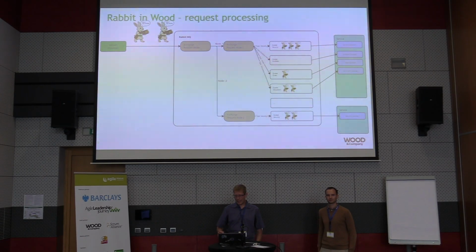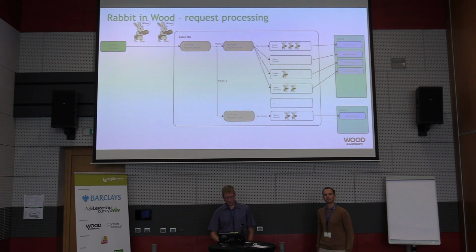Okay, and then the service in Wood & Company connects to queues and treats the queues by receivers. Each receiver has its own queue, and this is the parallel processing where each receiver consumes the messages from its queue separately and in parallel.